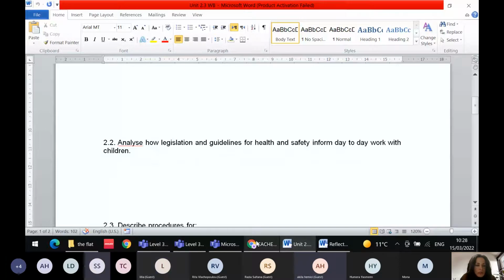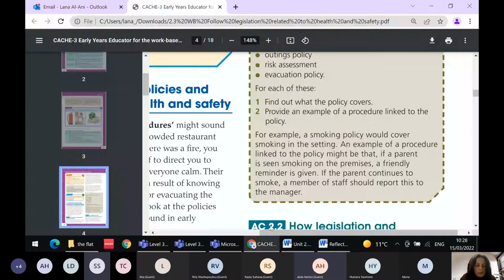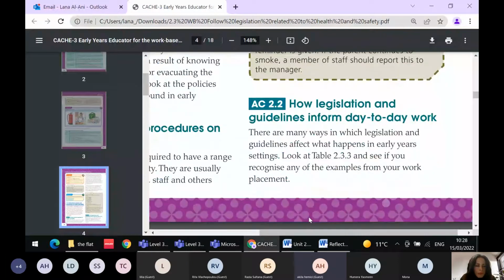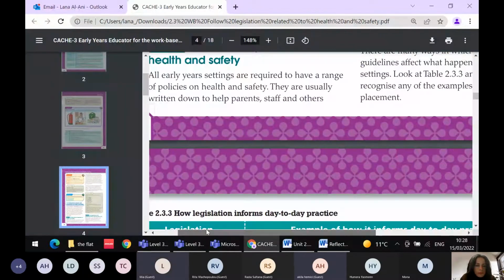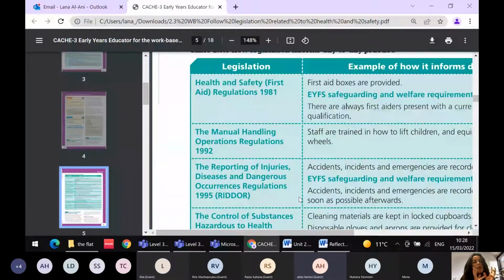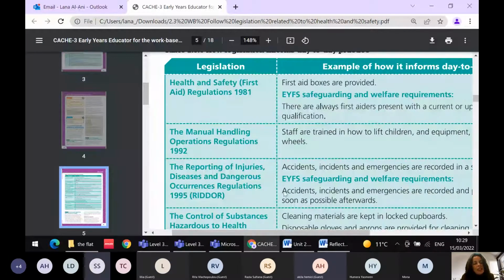So if I go to 2.2, how does this legislation affect our work? For example, to answer this question, I would just write it as it is now.